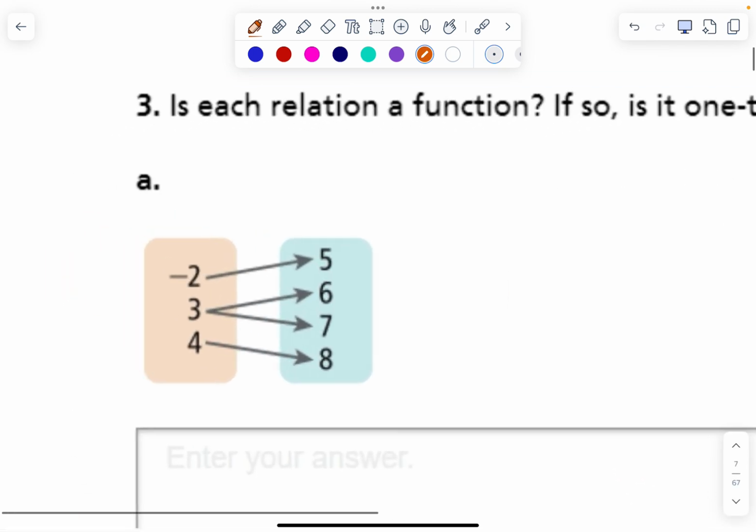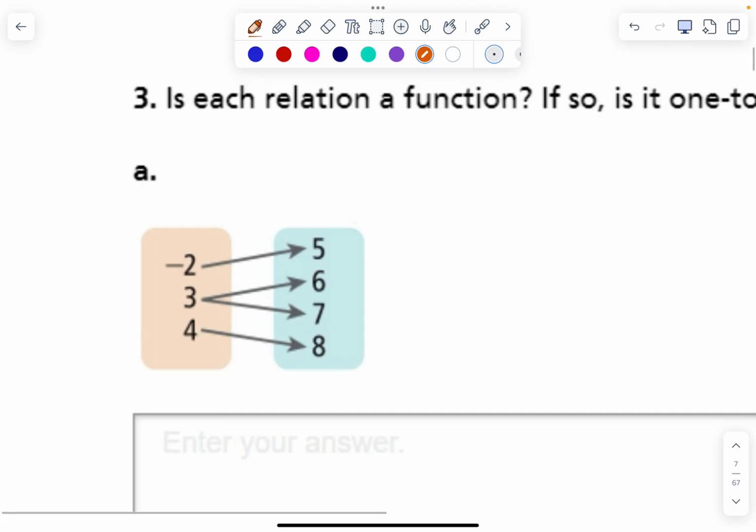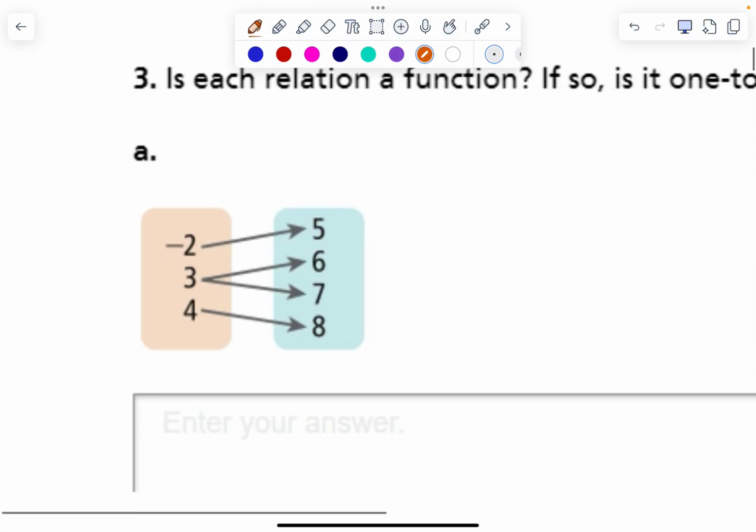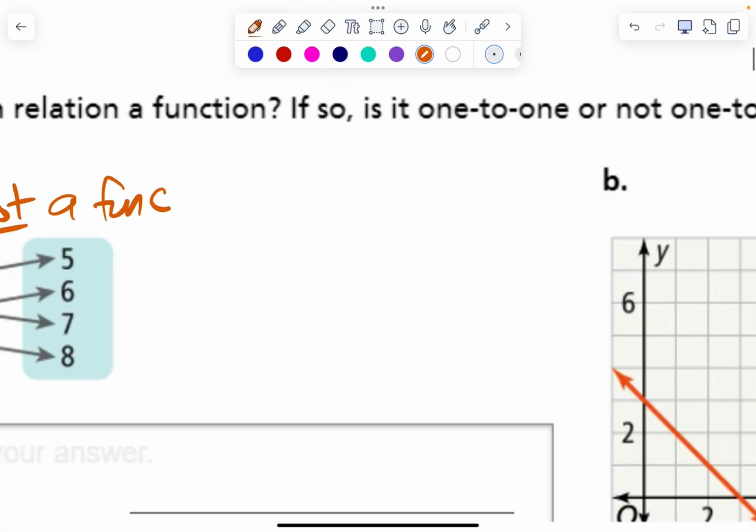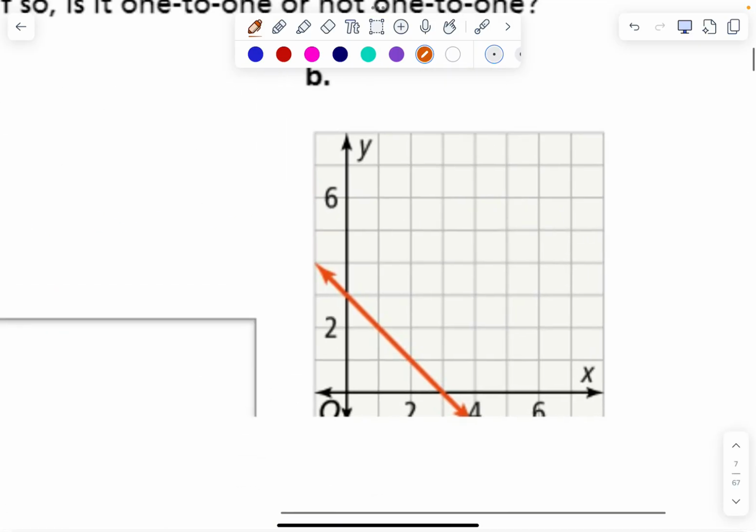Is this one a function? This is like Hawkeye, right? No, 3 is shooting 2 arrows at once. Doesn't he do that? Or Legolas, if you're a Lord of the Rings fan. So not a function. How about a line?